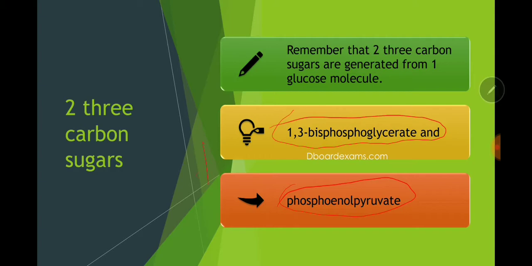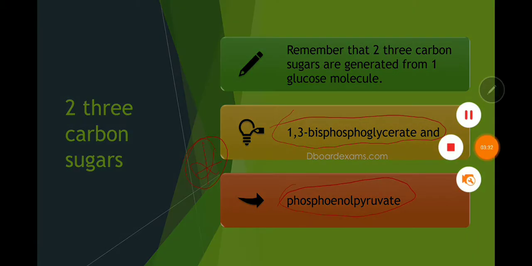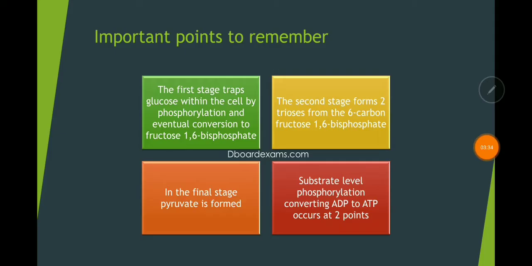So remember these 2 sugars. Again, 1 molecule of glucose has 6 carbons, and this is divided into 2 three-carbon sugars. All right, so let's move on.